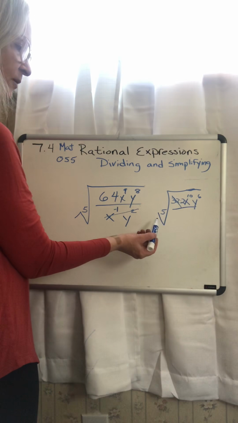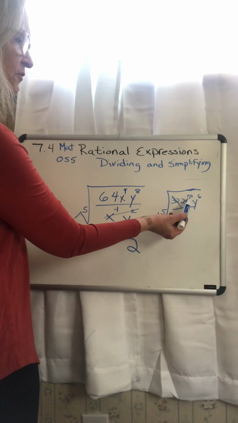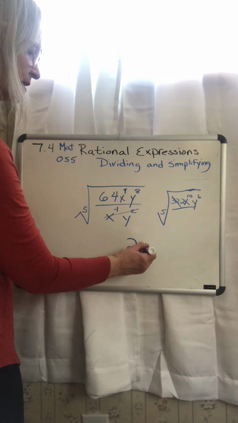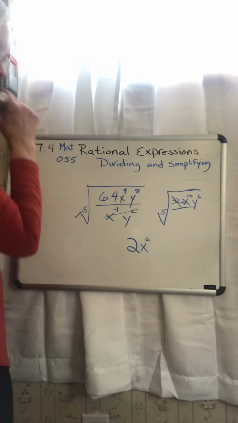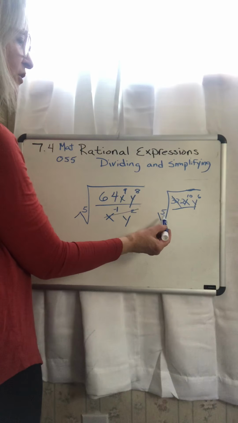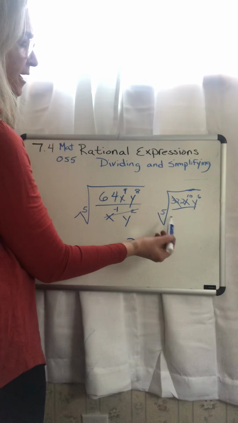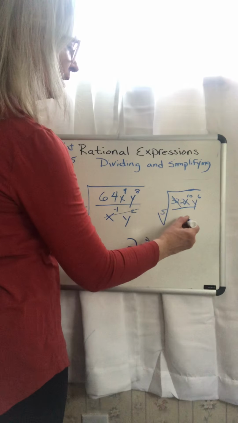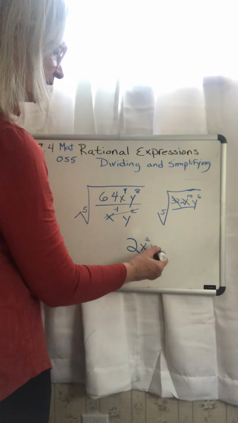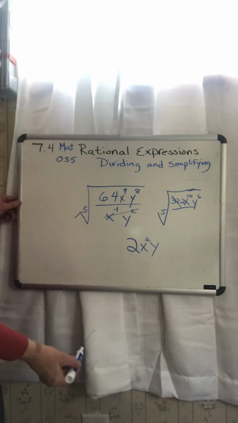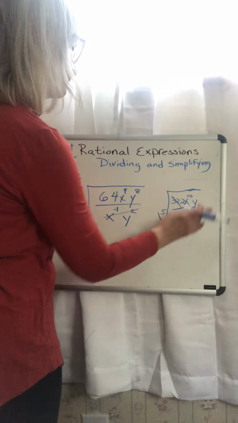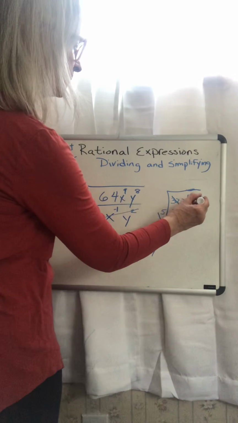X to the 10th would be a perfect 5th root, so we would just divide 10 divided by 5, which is 2, which means that's going to be x squared. Y to the 6th is also a perfect root 5. Well, it's not exactly perfect because we'd have one y left. 6 take away 5 is 1, so that means there's 1 root 5, and then we have one y left inside of the radical sign, okay?